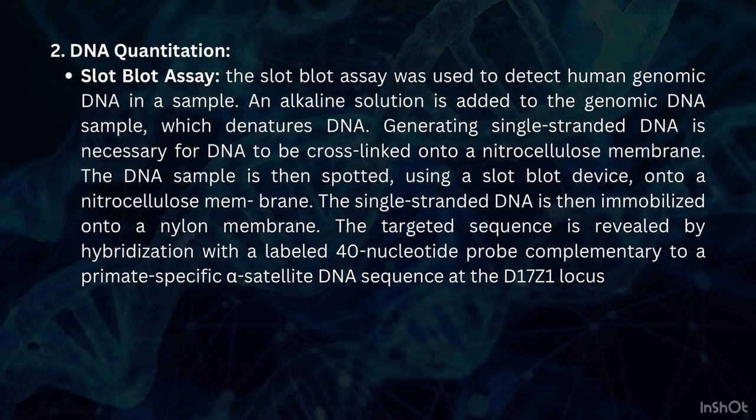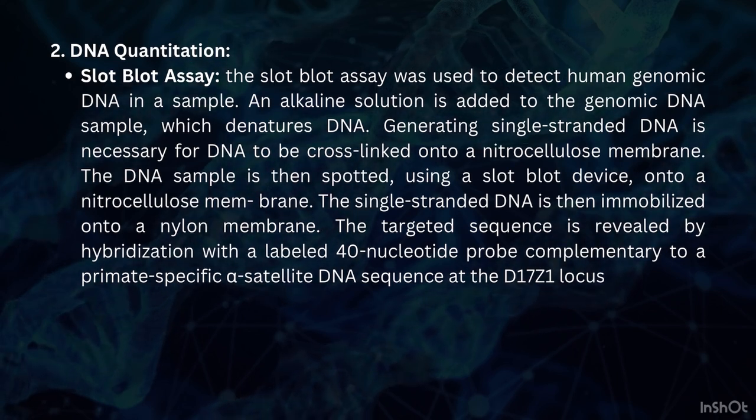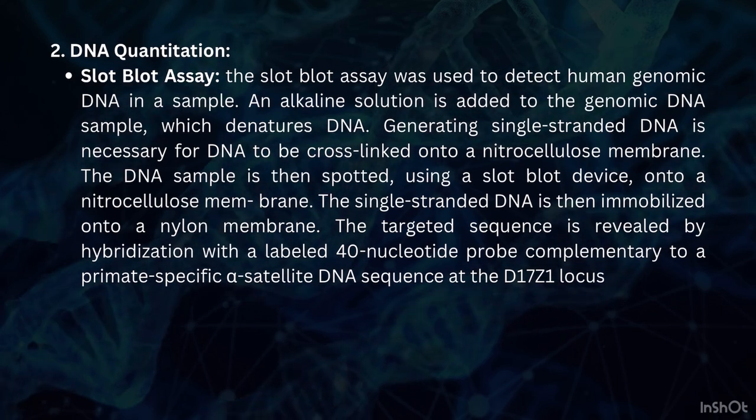The slot blot assay is used to detect human genomic DNA in a sample. An alkaline solution is added to the genomic DNA sample, which denatures the DNA. Generating single-stranded DNA is necessary for the DNA to be cross-linked onto a nitrocellulose membrane.